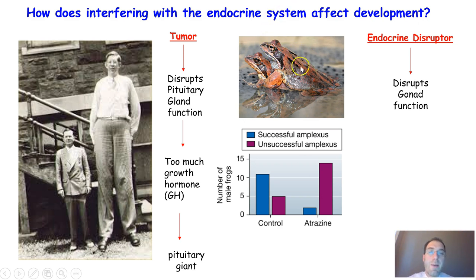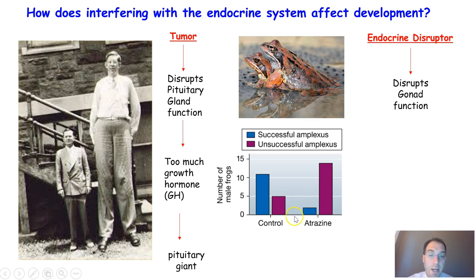A scientist studied frogs and the effect of atrazine on their ability to form what's known as an amplexus. This is actually just the process of the male frog gripping and mounting the female frog in this fashion.